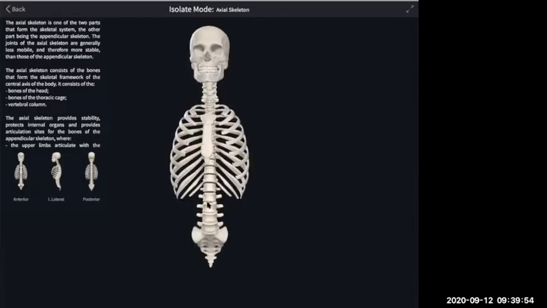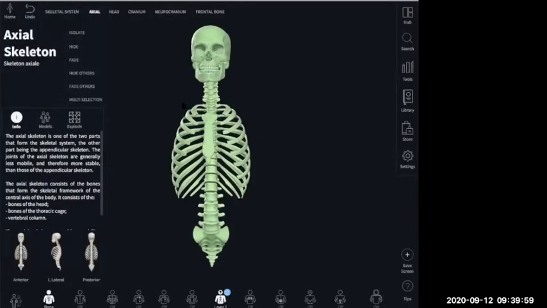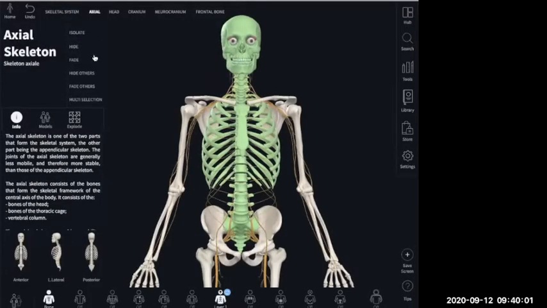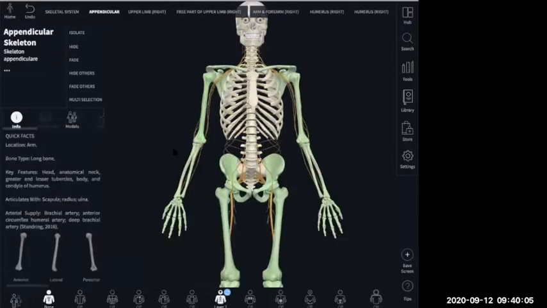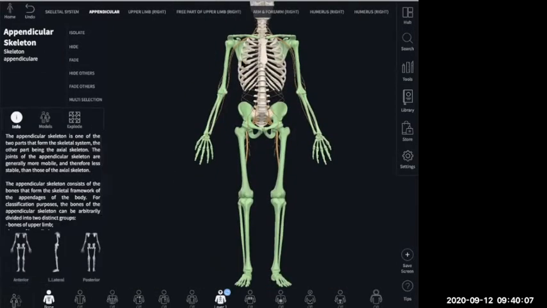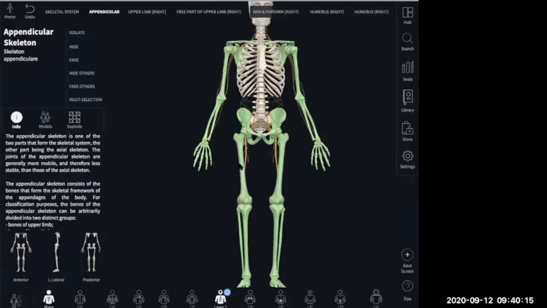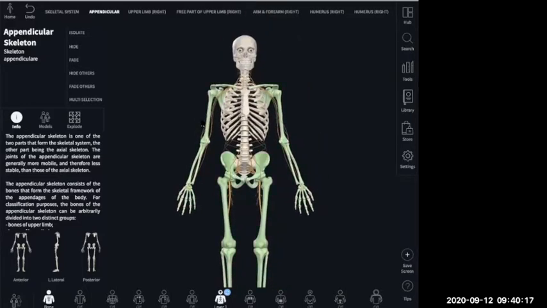Your thoracic cage right here, including your sternum. So that's your axial skeleton. And then you have your appendicular skeleton, which is all the other ones, basically your limbs, as well as the bones that hold them in place right there, right? So that's your appendicular skeleton.